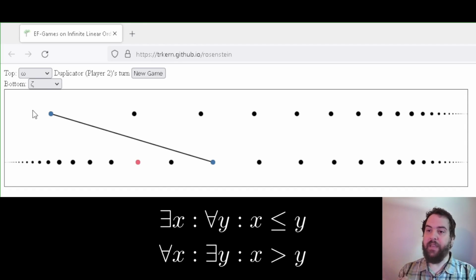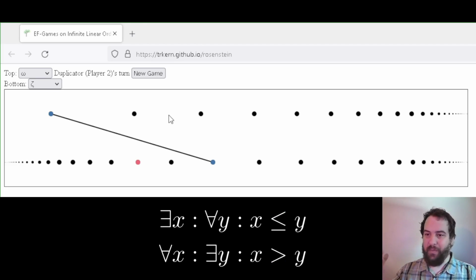If we write out these two formulas, we can read off spoiler's strategy from those formulas. So we see that there exists a point in the top linear ordering such that anywhere duplicator matches it to in the bottom linear ordering, there is going to be some point in the bottom linear ordering such that for any point in the top linear ordering that duplicator matches it to, the ordering is going to be reversed.